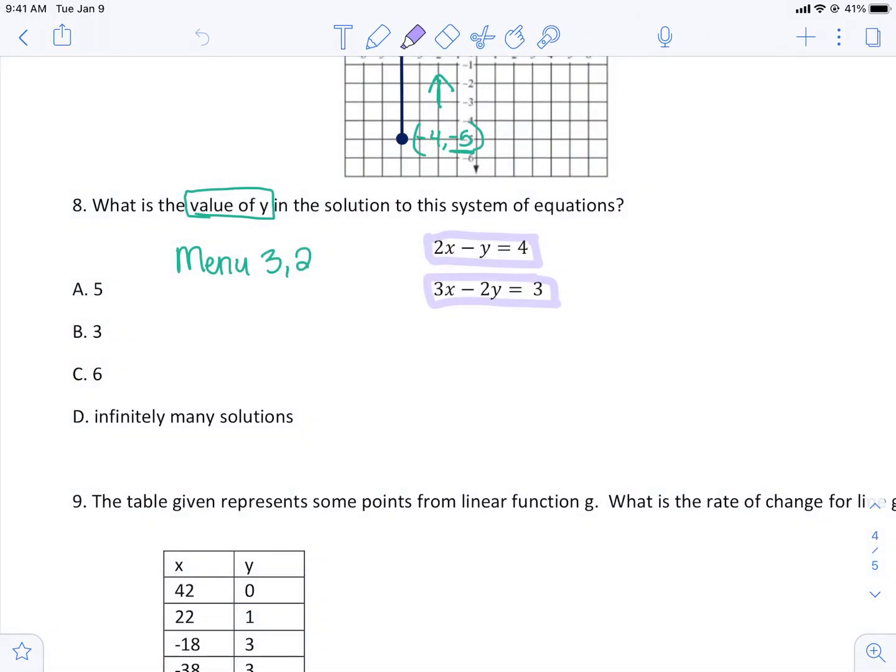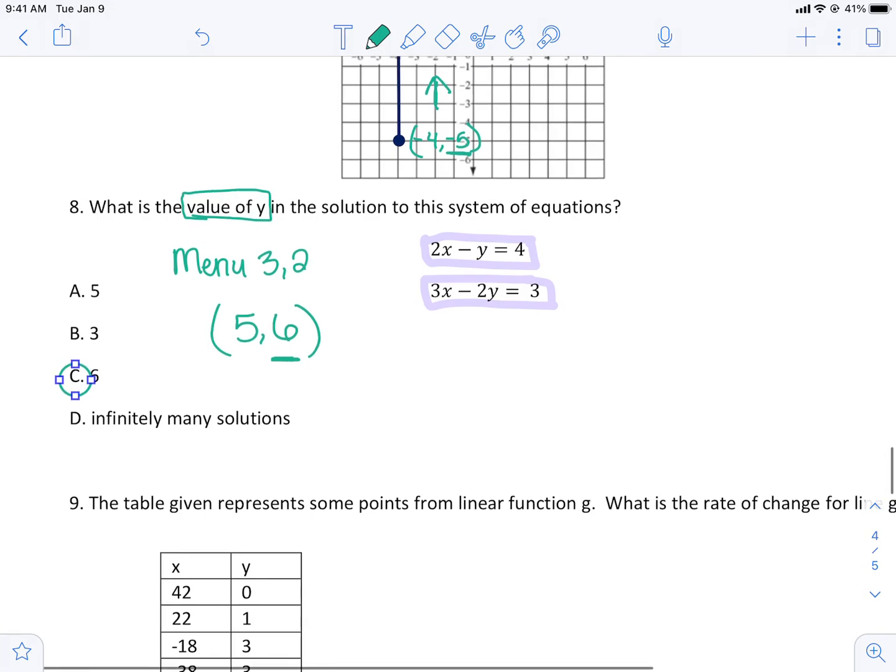So again, it told me my answer was 5, 6. Okay, and I want the y value, which means it's just 6.